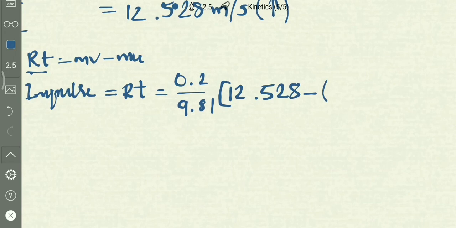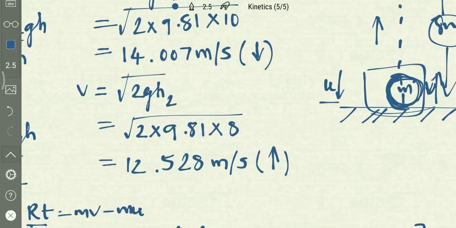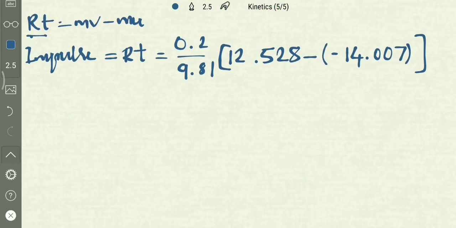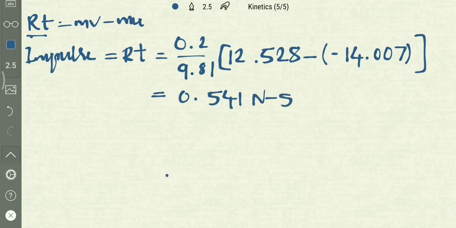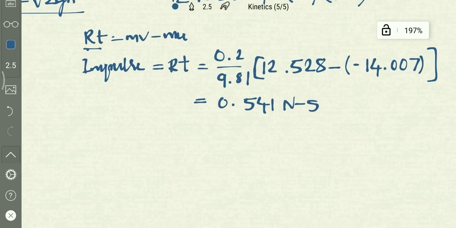It is 14.007, which is downwards. Let us say this v is upwards. Taking upwards as positive and downwards as negative, we get 0.541 newton second. The unit of impulse is newton second. So we got impulse Ft is equal to 0.541.